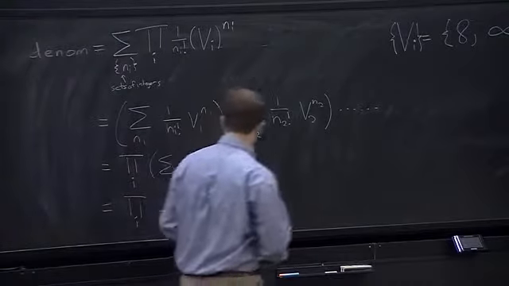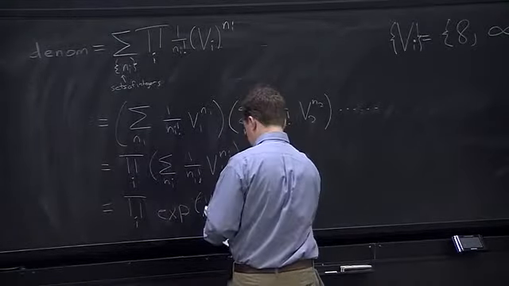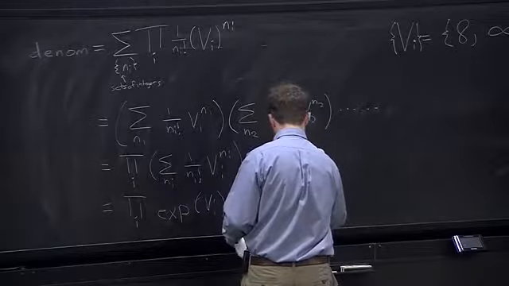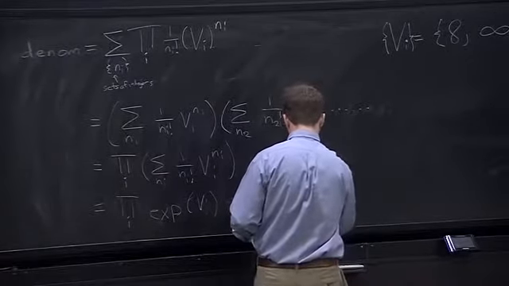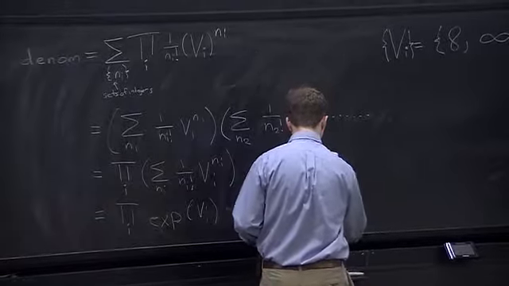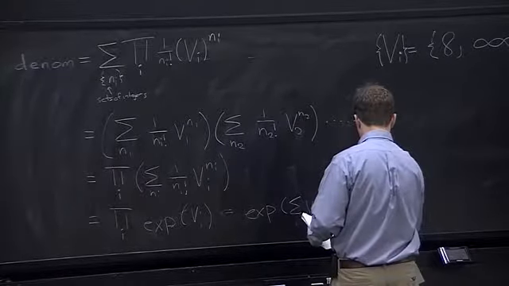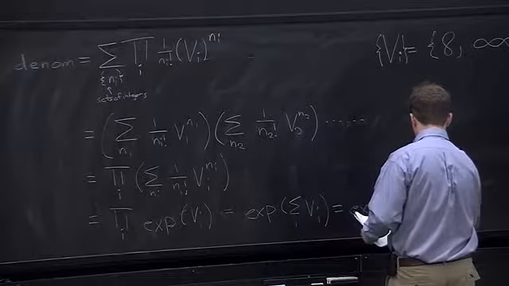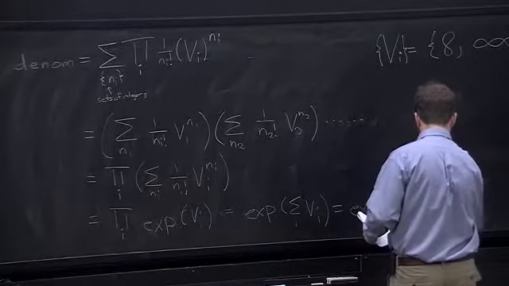And the product of exponentials is the exponential of the sum. So I can write this as the exponential of the sum over i of vi, which is the exponential of the sum of these diagrams.